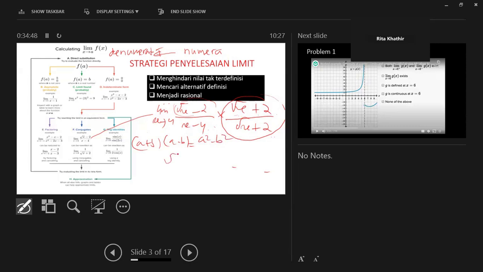You will have root square of x square minus 2 square over x minus 4 times root square of x plus 2. Now you have x minus 4, and cancel it. You still have this.